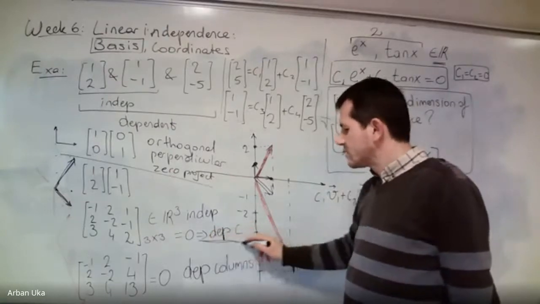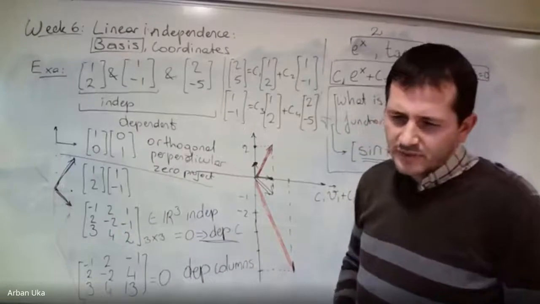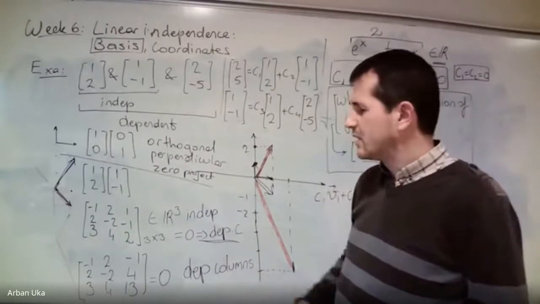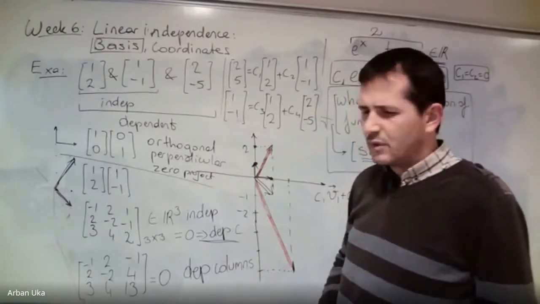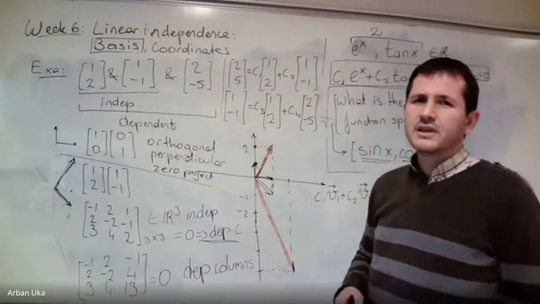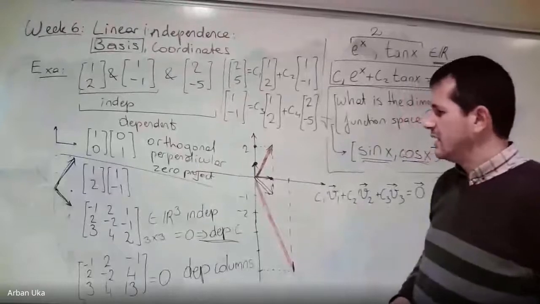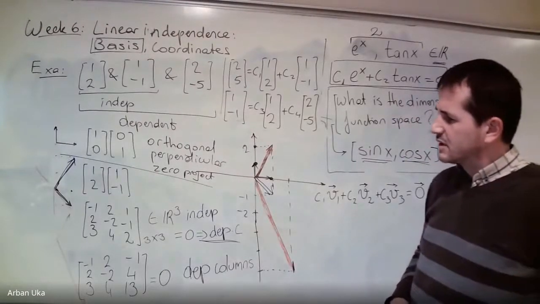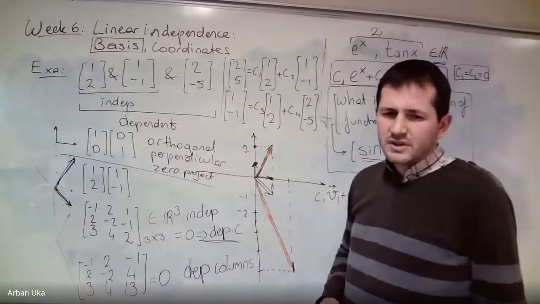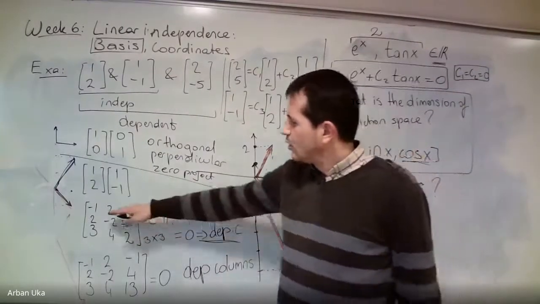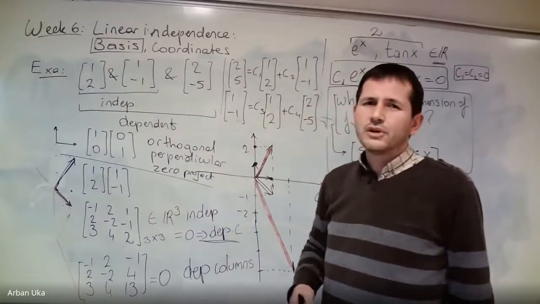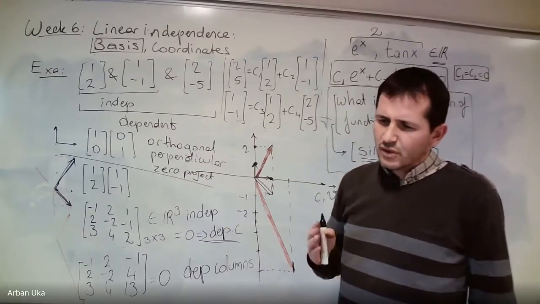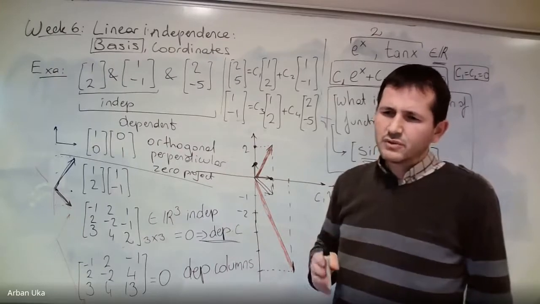Okay, so that's true. As a small approach to find out whether they are linearly dependent or independent, we can immediately calculate the determinant. And if the determinant is 0, when does that happen? The determinant is 0 when a whole row or a whole column is made of zeros. This happens when the columns are linearly dependent with respect to each other.